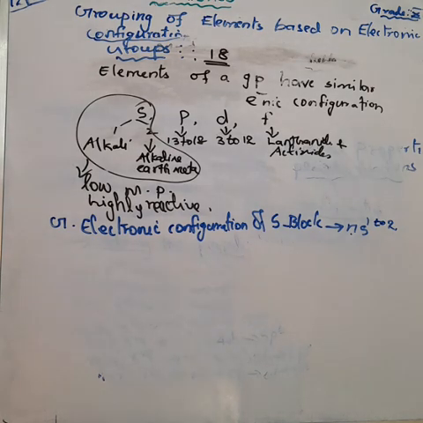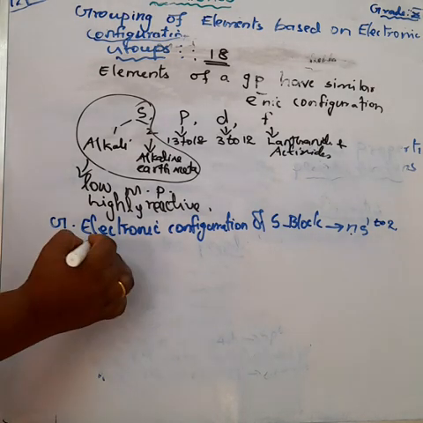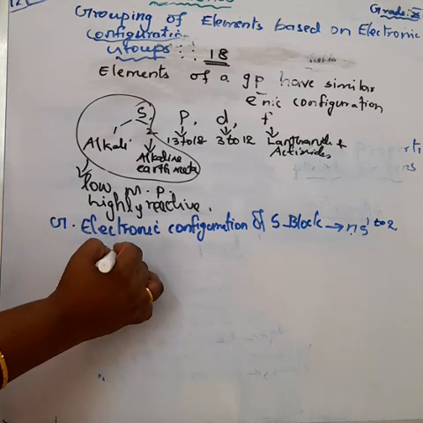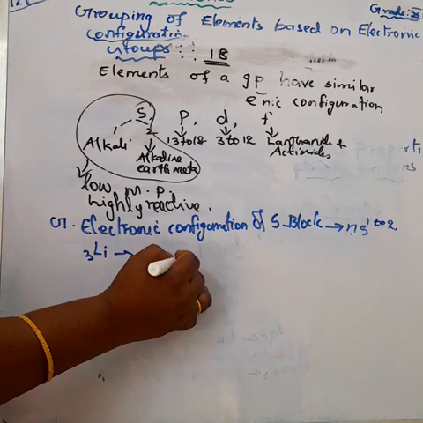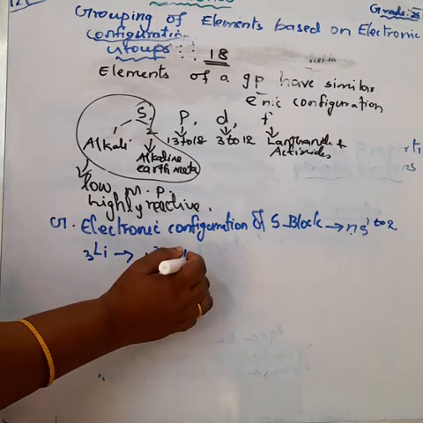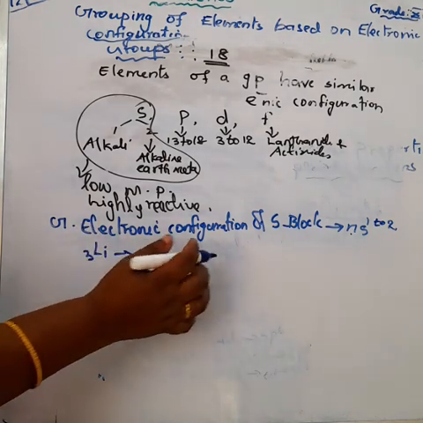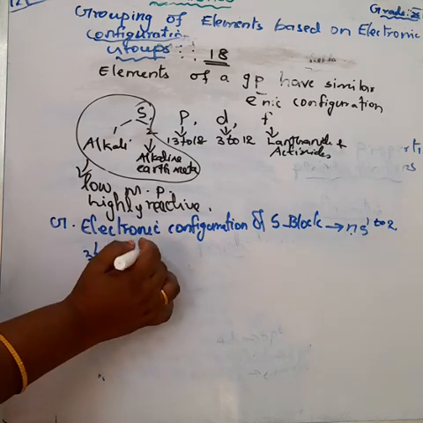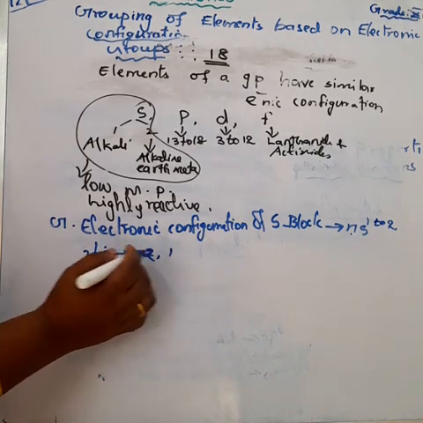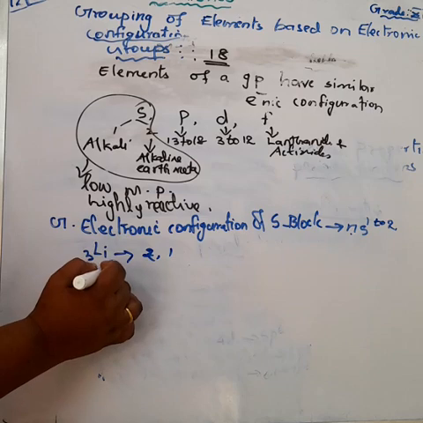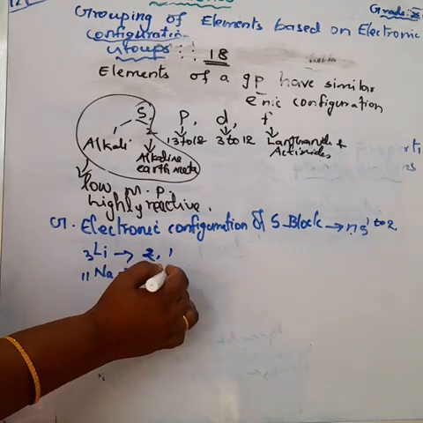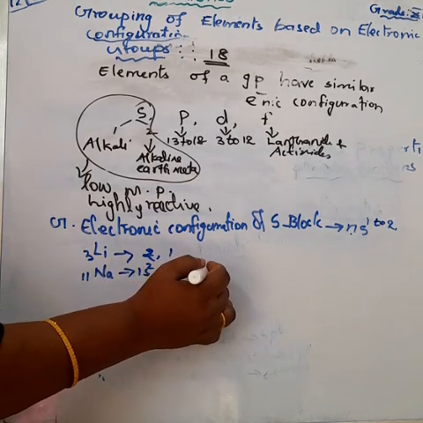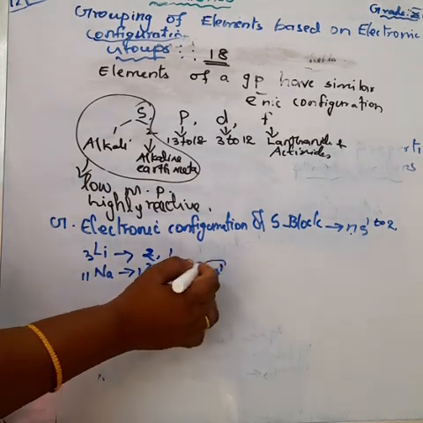Lithium has atomic number 3, so how many shells does it have? Only 2 shells. And sodium, atomic number 11: 1s2, 2s2, 2p6, 3s1. So the outer electronic configuration is 3s1.